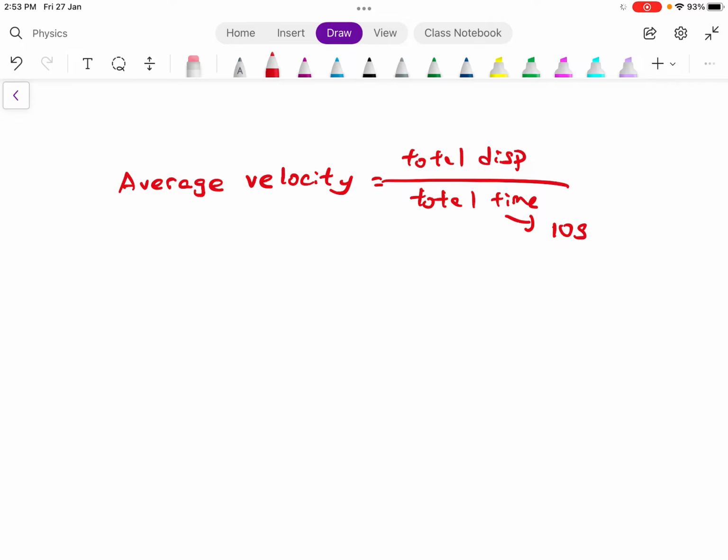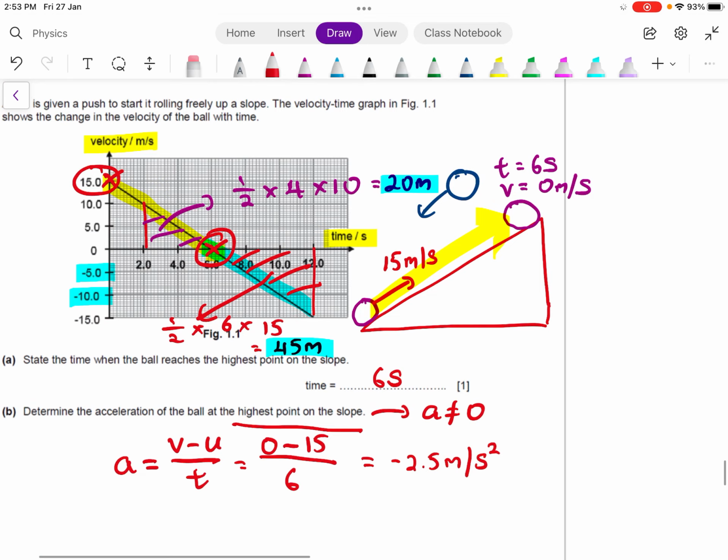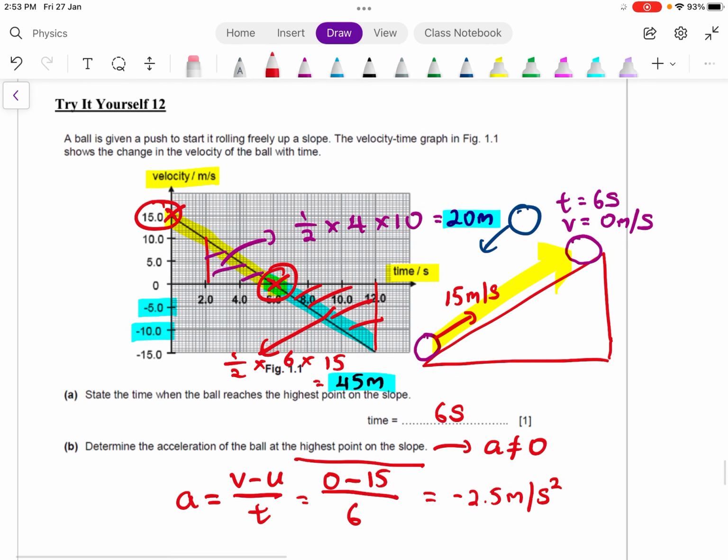What about the total displacement? We go back to this graph. We cannot ignore the negative area. For example, between 2 to 6 seconds, my displacement is positive 20 meters. Then you look at the negative triangle. We cannot just put 45, we must put negative 45.